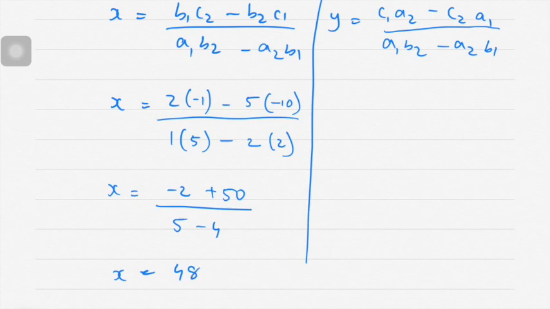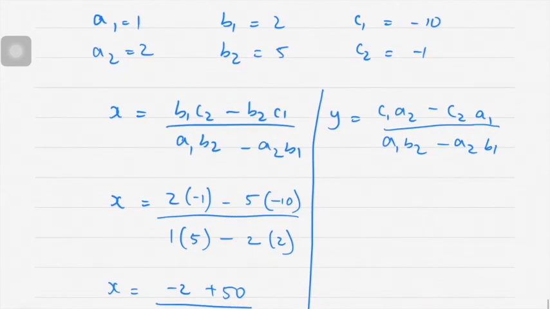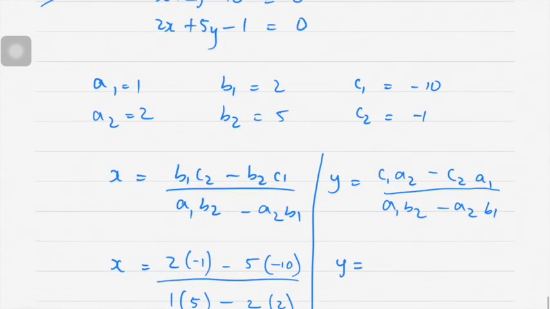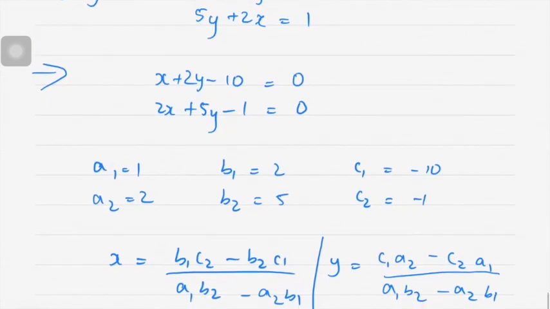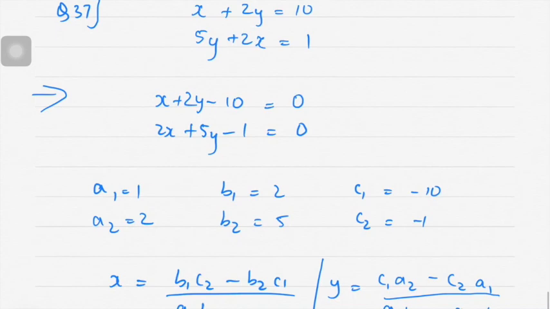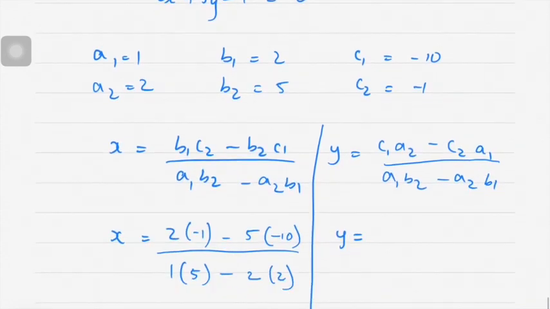So x is equal to 5 minus 4 is 1, 50 minus 2 is 48, and y is equal to, what is C1?